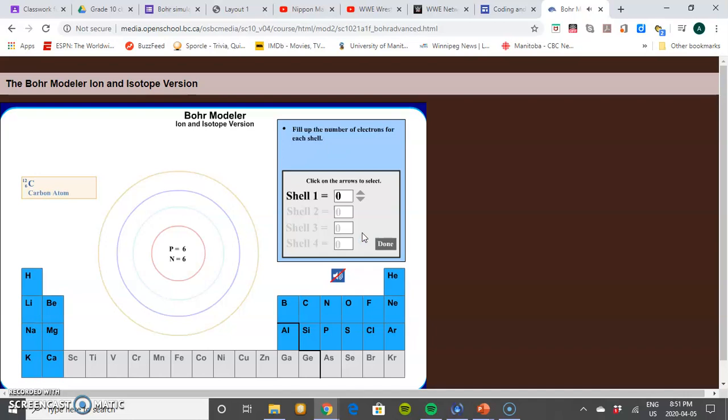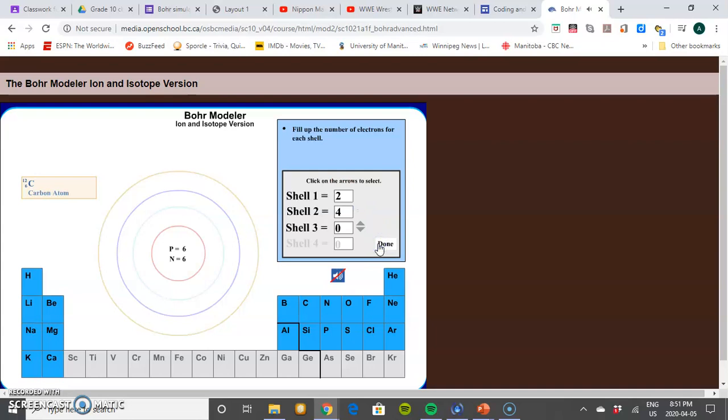Remember, the first shell can hold a maximum of 2 electrons, and because the atomic number is 6, there are 6 total electrons. So the first shell has 2, and then the other 4 are just going to go into the second shell.